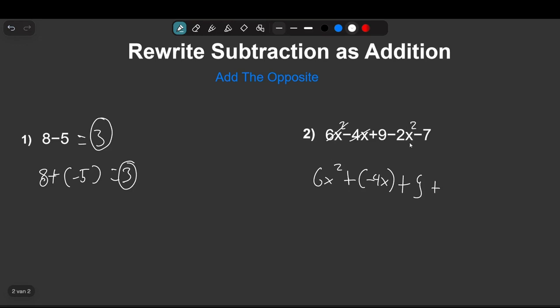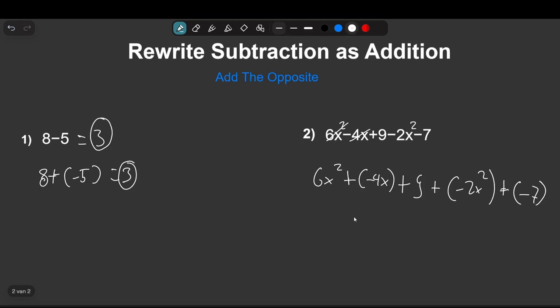And now we use the opposite of 2x squared, which will be minus 2x squared. For the last one, we have minus 7, which we're going to do like this. We write an addition sign, and the opposite of 7 is going to be minus 7. And this will be our simplified expression.